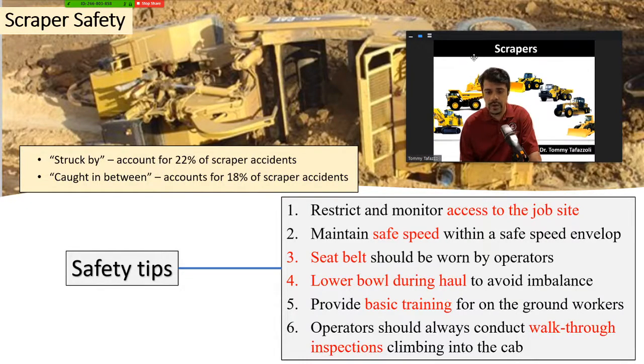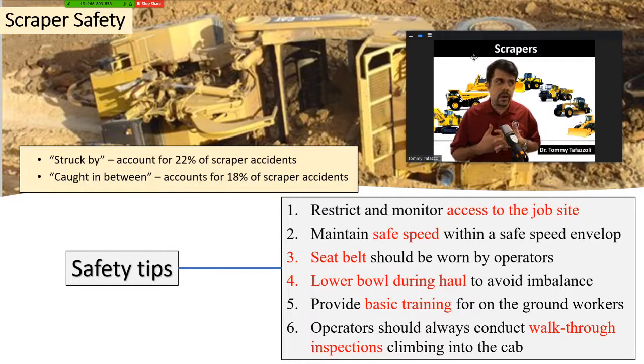Lower the bowl during haul to avoid imbalance. This is reason number one, well, not reason number one, because there is one more. There's another reason that is more important than this. When it is unbalanced, you are purposefully or maybe unintentionally increasing the probability of a collapse.